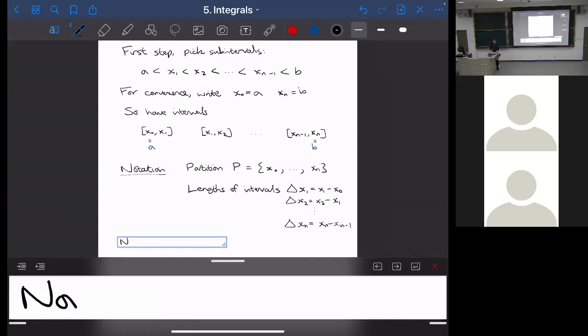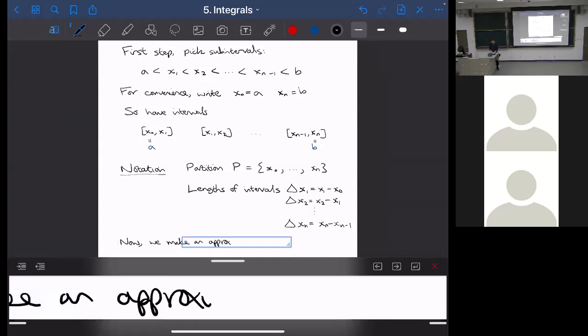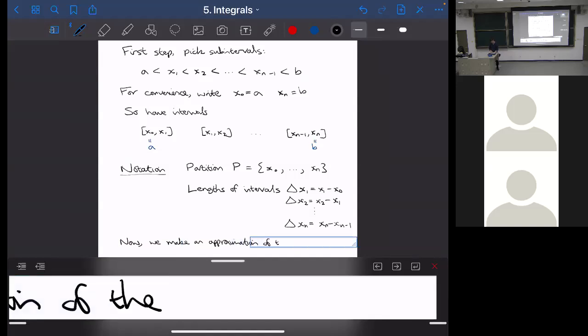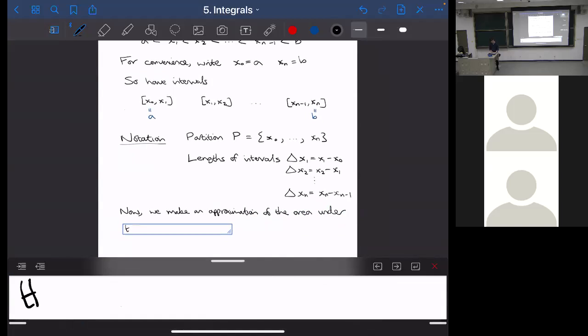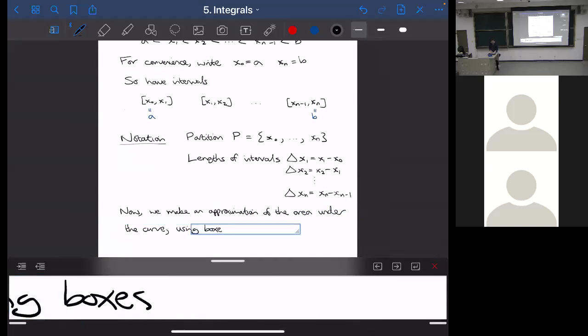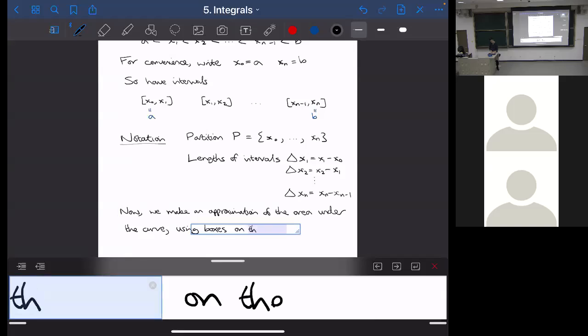So now we make an approximation of the area under the curve using boxes on these intervals.